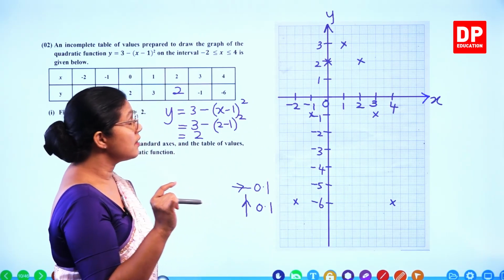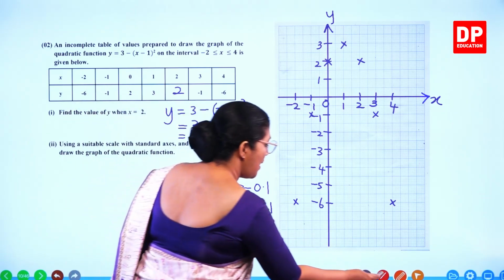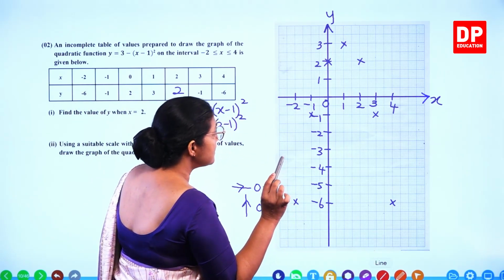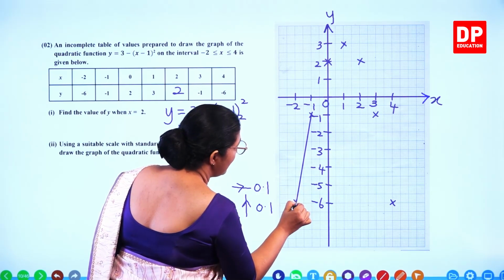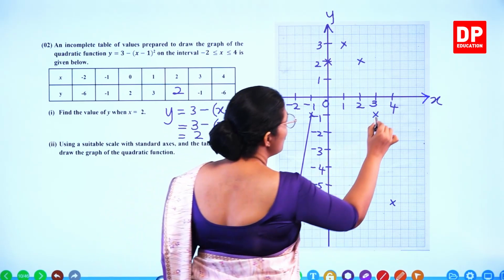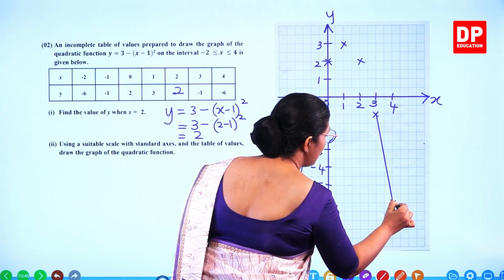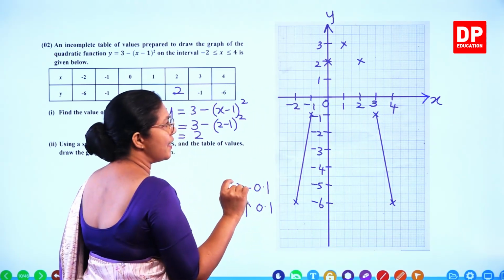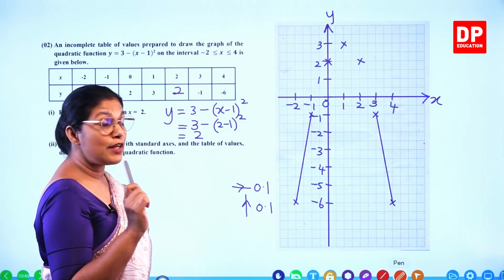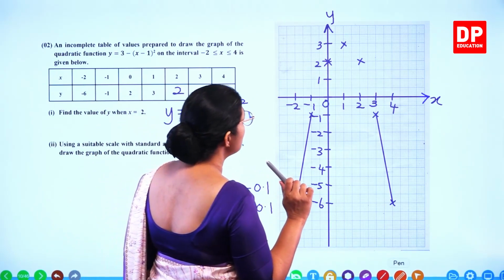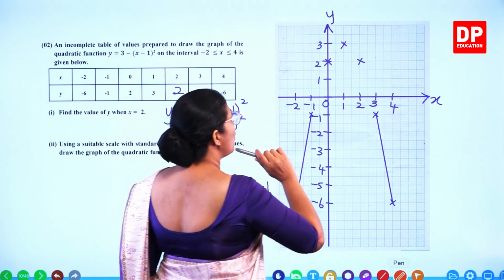Now you have to connect smoothly. My advice: the last 2 points you can connect with the ruler, only those 2 points, because they are a little bit far away. But when you connect the other points, make sure that you use the pencil and connect smoothly without the ruler.